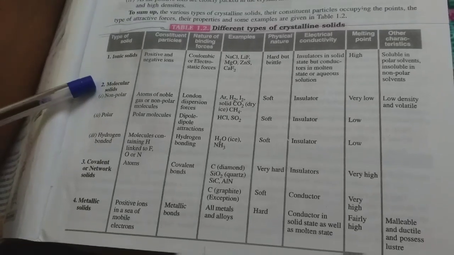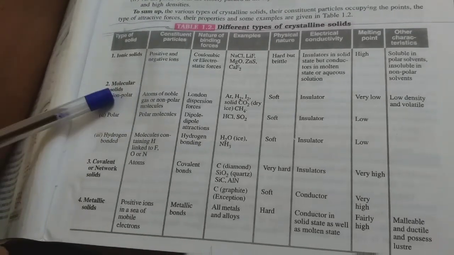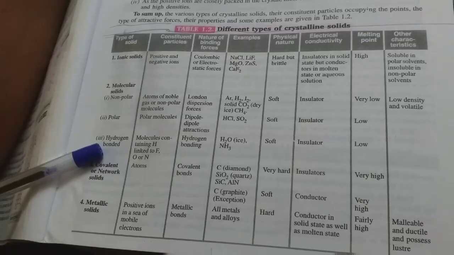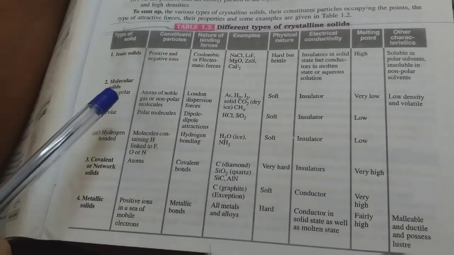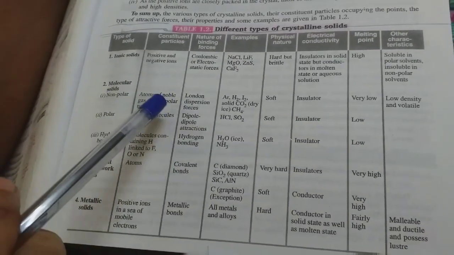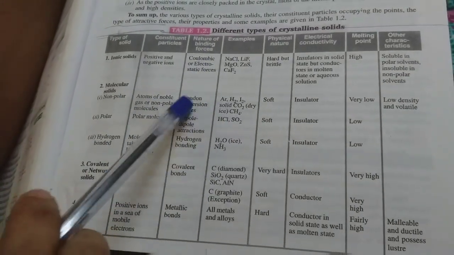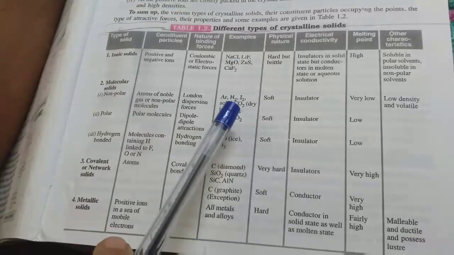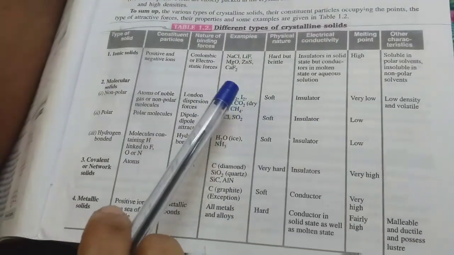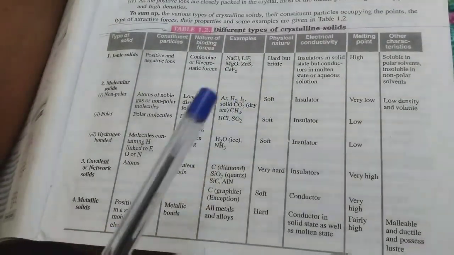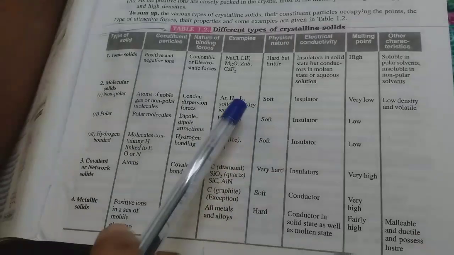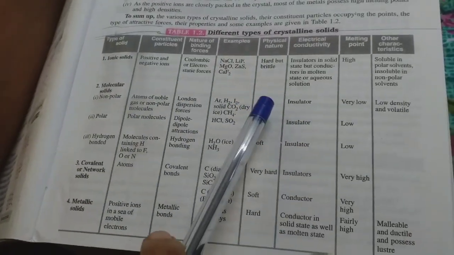Next, coming to molecular solids, three types are there: non-polar, polar and hydrogen bonded. In non-polar molecular solids, such as atoms of noble gases, the force between the constituent particles is the London or dispersion force. Examples: argon, H2, I2, solid carbon dioxide, that is dry ice, and methane.